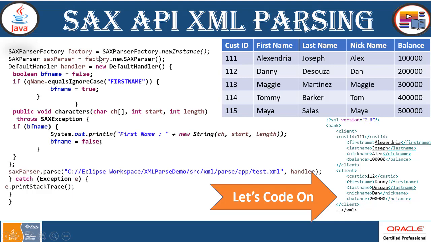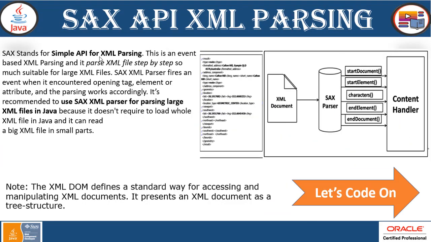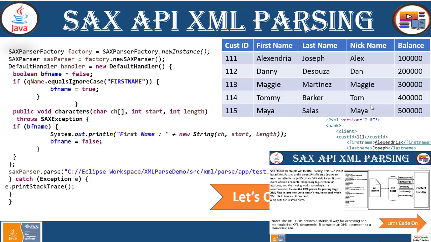The same way as with DOM, we are going to use the SAX parser factory, and inside that we are going to have functions. First, start document, then start element, then characters, end element, and the end document.